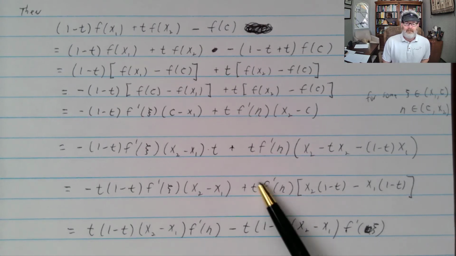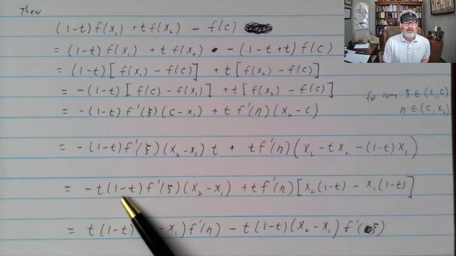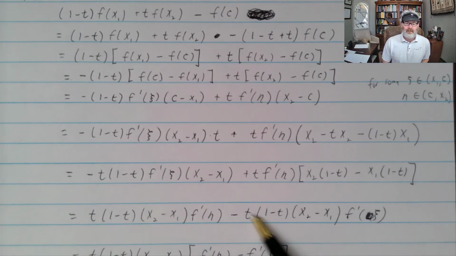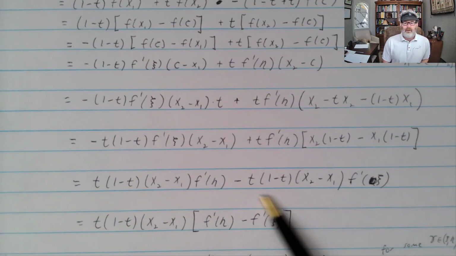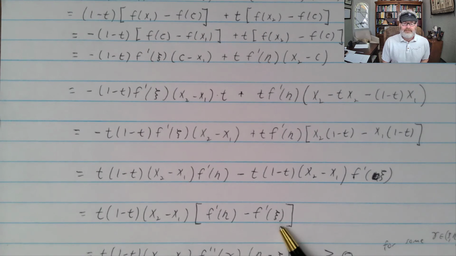So I've got t, 1 minus t, f prime of eta, times x2 minus x1, that's this, and then minus t, 1 minus t, f prime of c, times x2 minus x1. And now these are almost identical. I can factor out the t, 1 minus t, x2 minus x1, and I just have f prime of eta minus f prime of c.